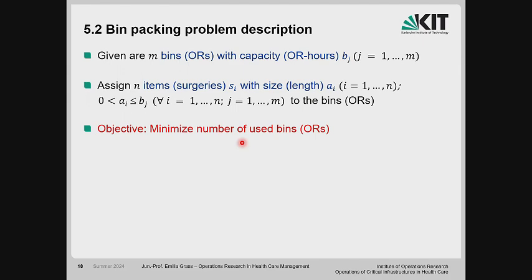Why can we formulate it like this and say, okay, our objective is now to minimize the number of used operating rooms? We would like to open as few operating rooms as possible. Why is this the same as maximizing utilization?